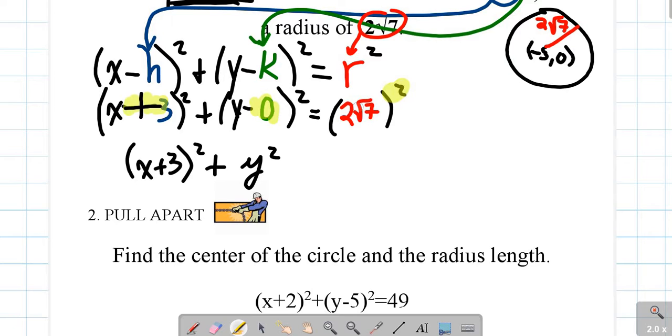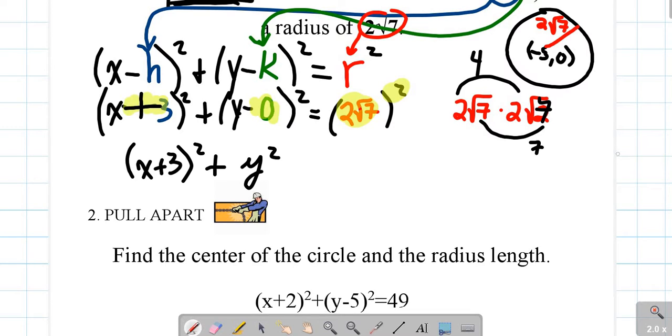Now, whenever you have an exponent with radicals, I would pull it aside and do the math in the margin. So we're going to go 2√7 times 2√7 in the margin. We multiply outies, multiply innies. 2 times 2, of course, is 4. √7 times √7 is just 7.